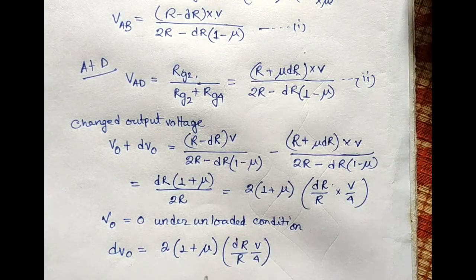Obviously this voltage is a measure of the applied force, and the use of 4 identical strain gauges in each arm of the bridge provides full temperature compensation, and it also increases the sensitivity of the bridge by 2 times 1 plus mu.